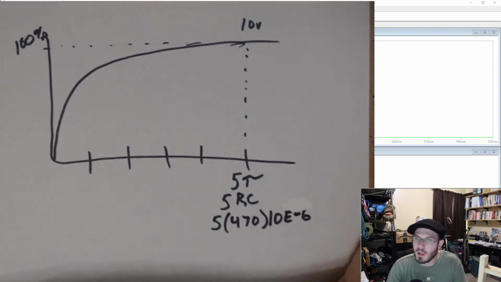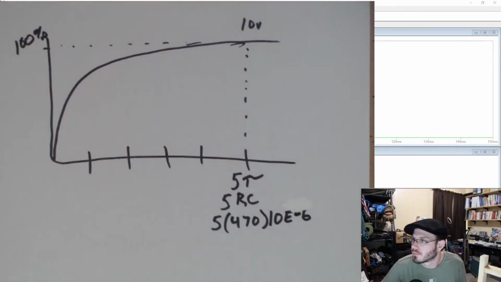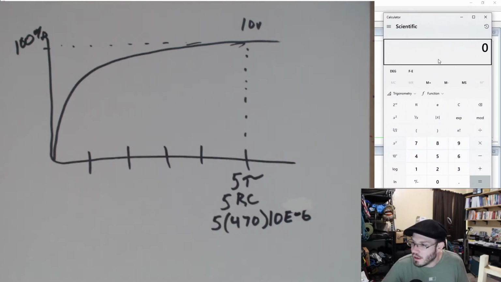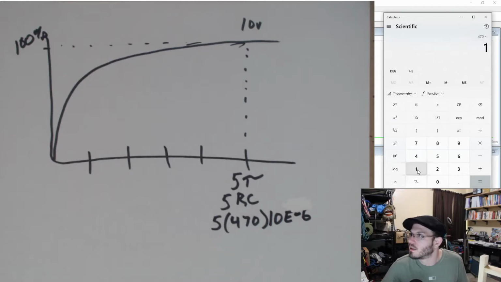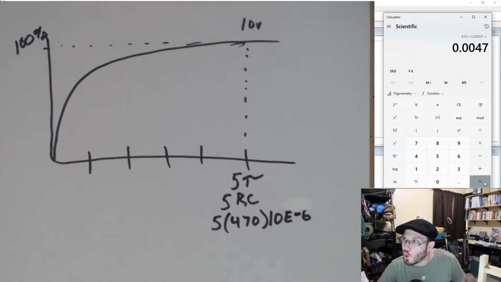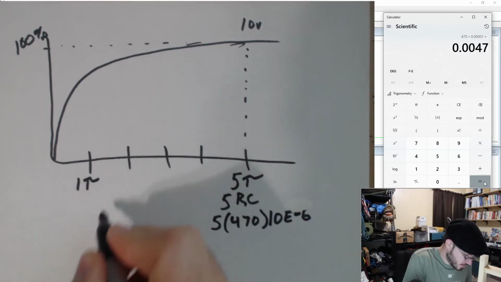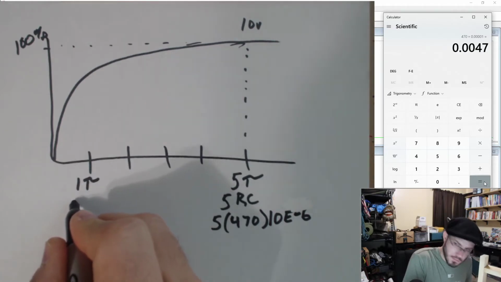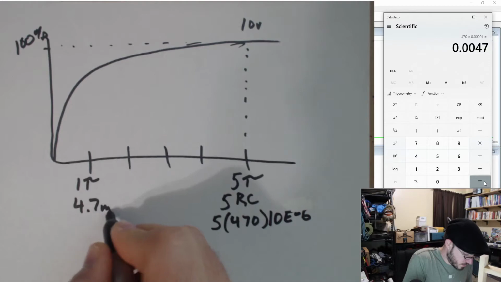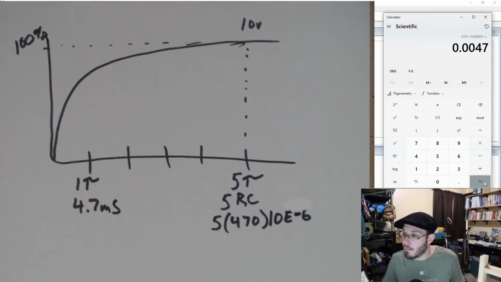Okay, so let me pull up my calculator, and let's actually calculate one time constant, which would be 470 times 10 microfarad, which is .0047 seconds, or 4.7 milliseconds.